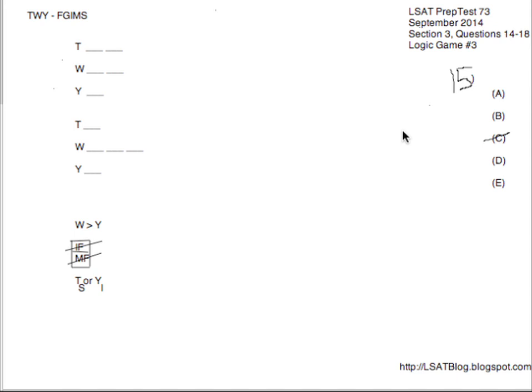Then beyond that, we want to think about, well, what's unique to T? Well, there's a rule saying that TS or YI has to occur.